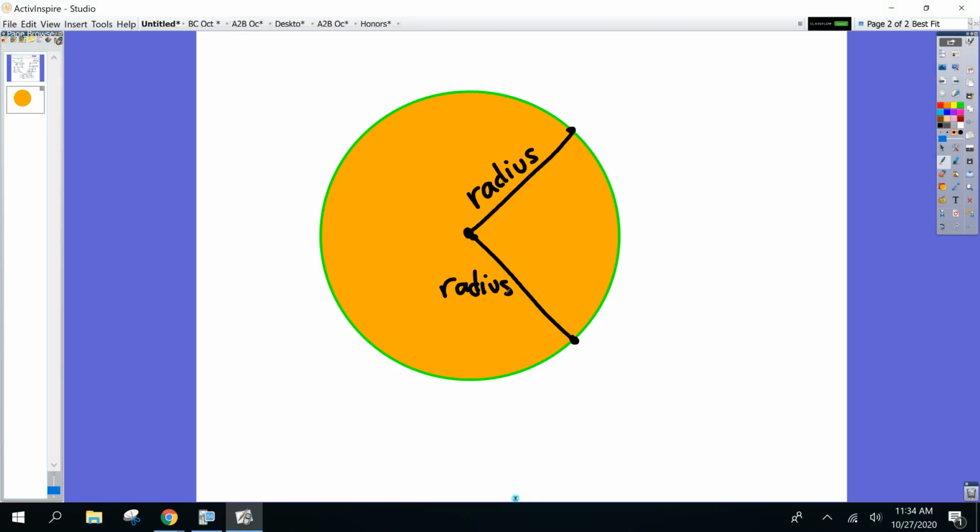And when I draw both of those in, does everyone see the angle I formed by drawing in the two radii? That's called a central angle. I'm telling you this now because you're going to see this vocabulary in a second. And if I go to each point where the radius ended, you see how it forms this part of the circle?